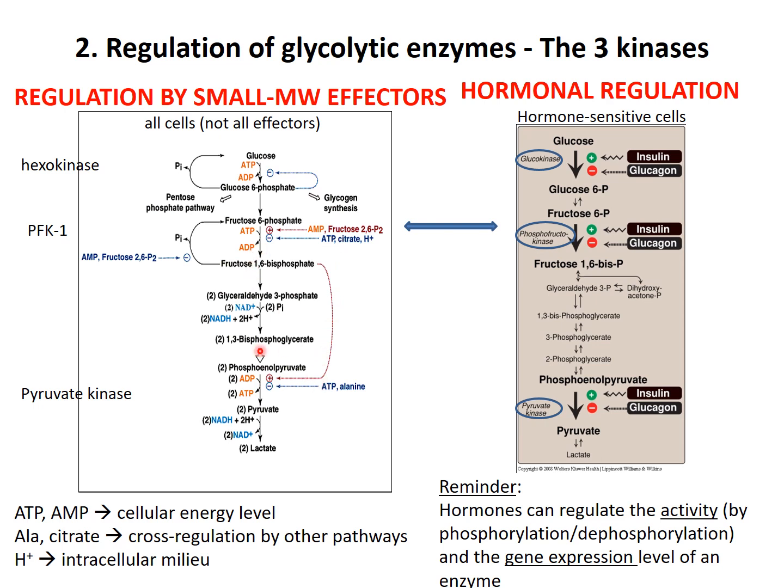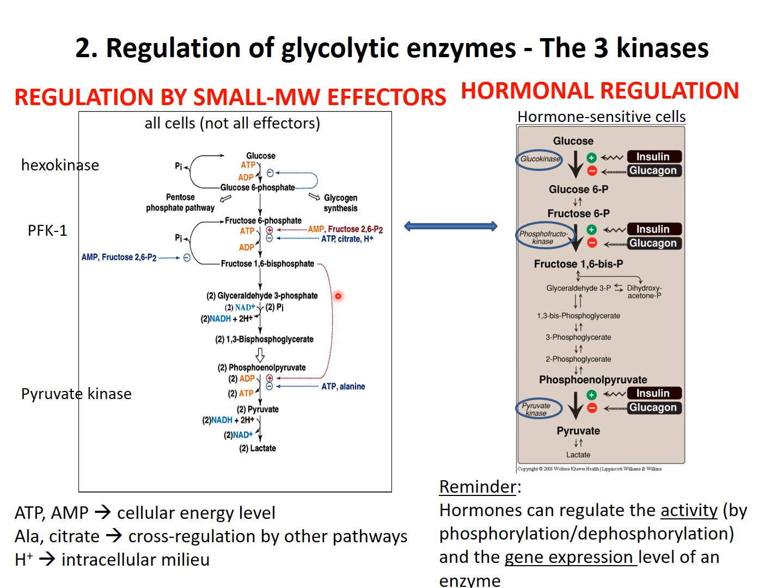Both PFK1 and pyruvate kinase will be turned down if intracellular energy is enough. However, when the ATP level is dropping, AMP is produced in the cells. In some cells, it will send a positive signal to the glycolysis to run again. So ATP, AMP: cellular energy level.